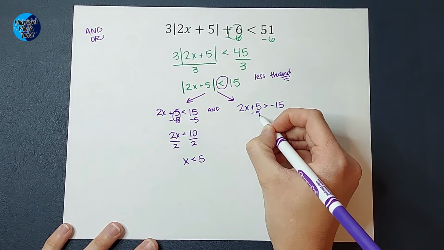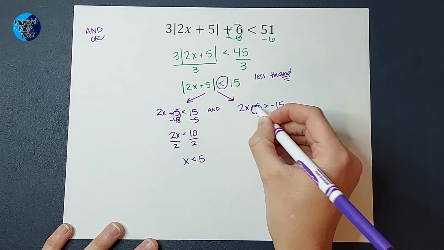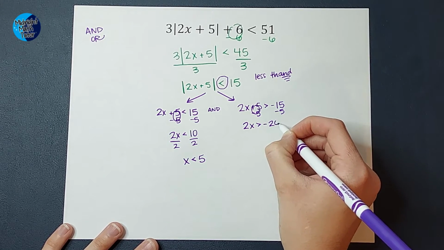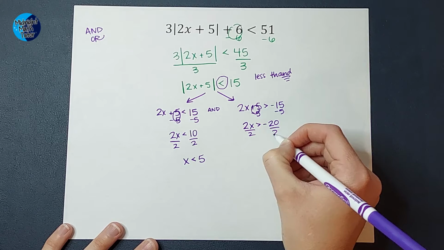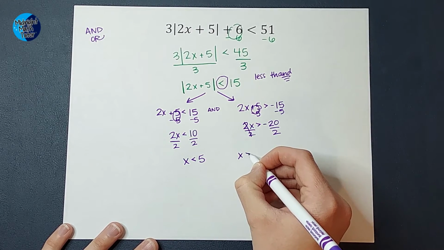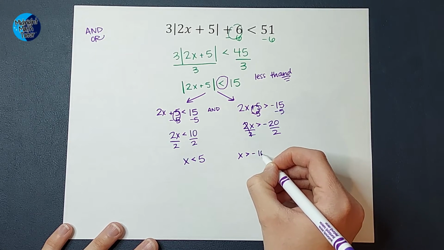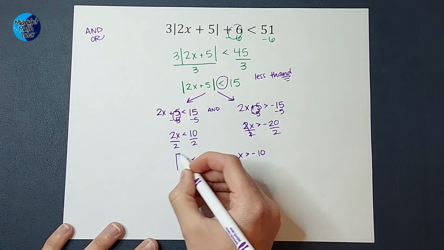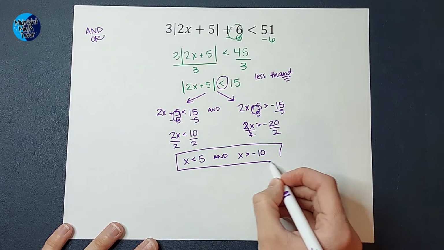So again, I'm going to subtract 5 from both sides. I'm going to have 2x is greater than negative 20. Divide by 2 on both sides. And I end up with x is greater than negative 10. And remember, this is an and inequality. Okay, so those are my 2 answers.